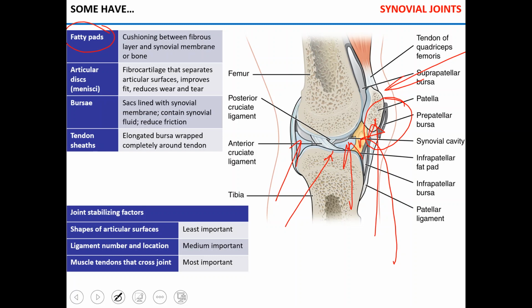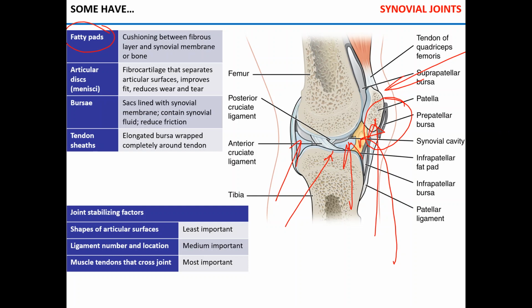Extension, sort of a next level of bursa, is tendon sheath. That's the elongated bursa that completely wraps around the tendon and prevents the friction of a tendon against the bone.